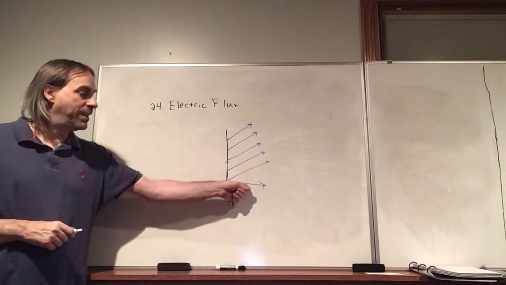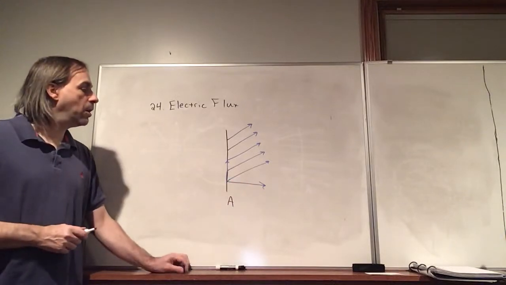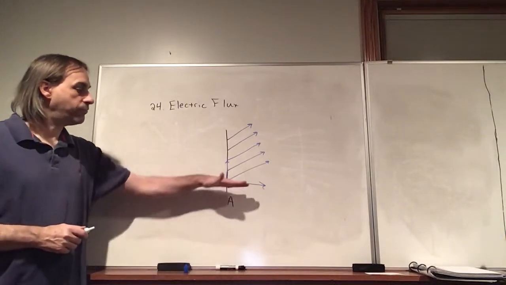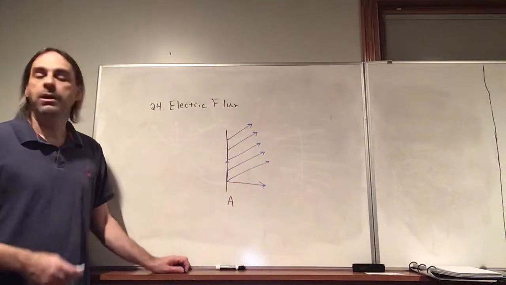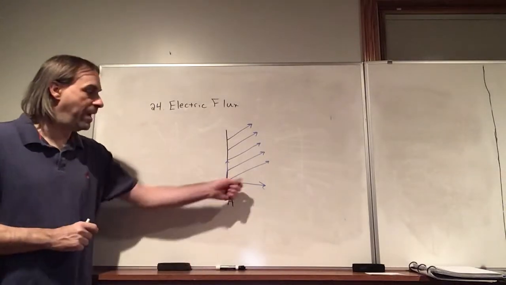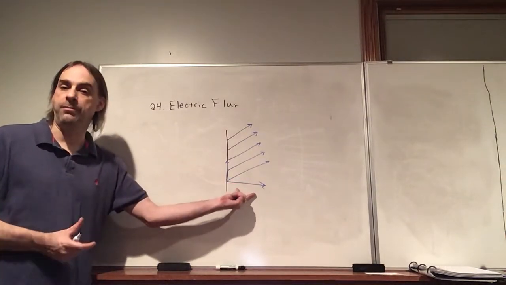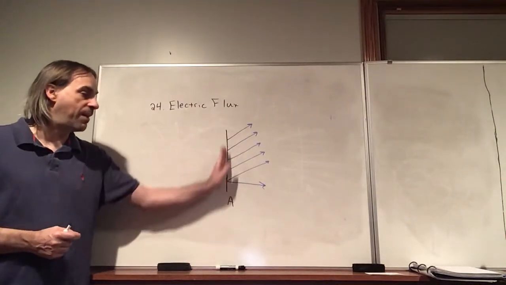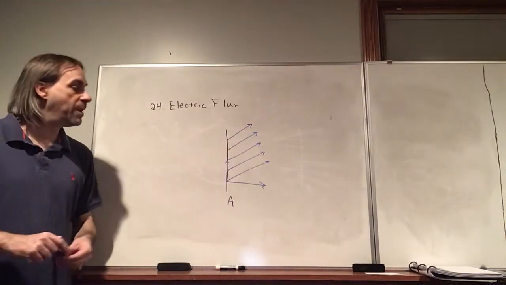And this is the only component that's passing through. So just like before, we had the electric field times the area, here we just want this component of the electric field times the area, because this one that's going along the surface contributes nothing to the flux.